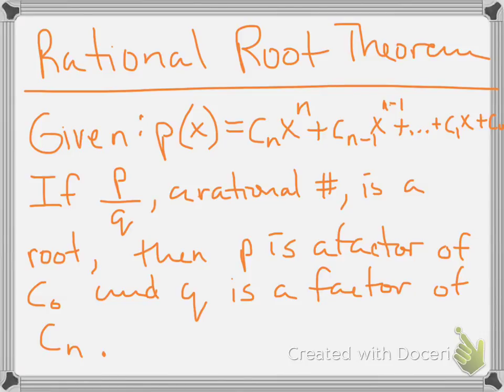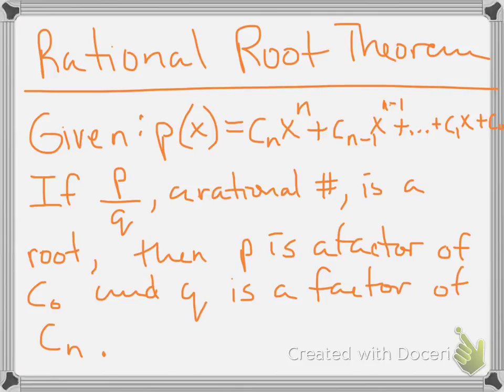The possible numerators: plus or minus 1, plus or minus 3, plus or minus 5, plus or minus 15. Possible denominators are factors of 6: plus or minus 1, plus or minus 2, plus or minus 3, and plus or minus 6. There's a lot of fractions that you could put together from those combinations, right?